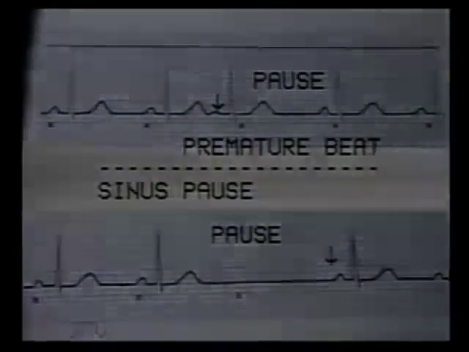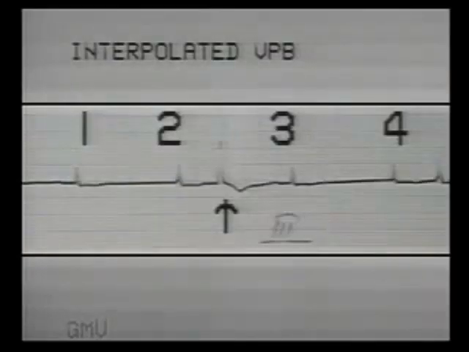Now before we conclude this chapter, we must see two more peculiar ectopic beats. Here the arrow shows a ventricular ectopic beat. But if you study the normal QRS complex rhythm, it is unaltered. That is, this is an extra beat in addition to the normal sinus rhythm.